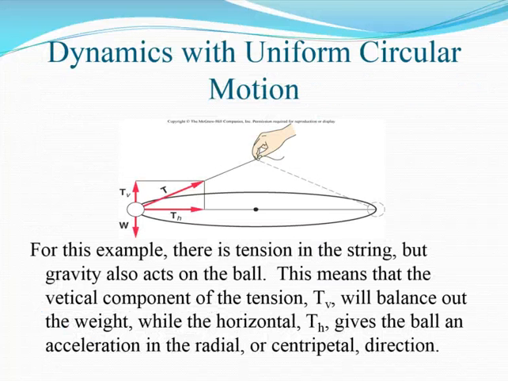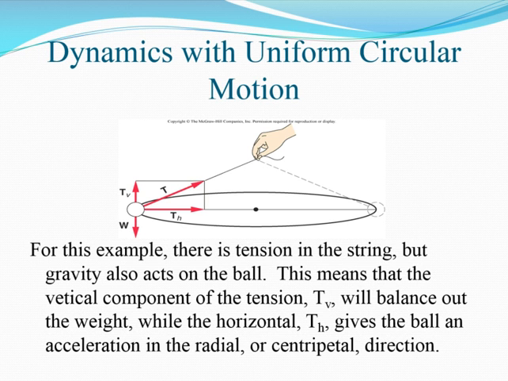Now if we go back to a rock on a string, or a ball on a string, and we start moving it in a horizontal circle. In order to move it in a horizontal circle, the tension in the string must be at some angle, with the vertical component countering the weight of the object and the horizontal component creating that centripetal acceleration that we need.